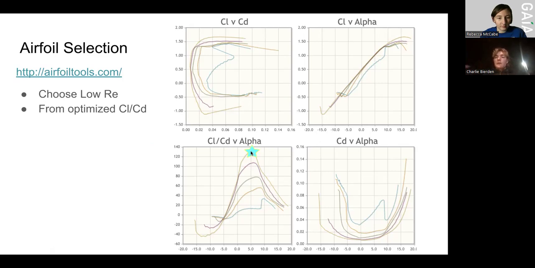And so you'd want to optimize your blade to have that angle at the specific part of your blade. When you're using this tool, you should select a low Reynolds number, because there's a low wind speed in Peru where we're putting these wind turbines. Like I said, you want to optimize the coefficient of lift over coefficient of drag.